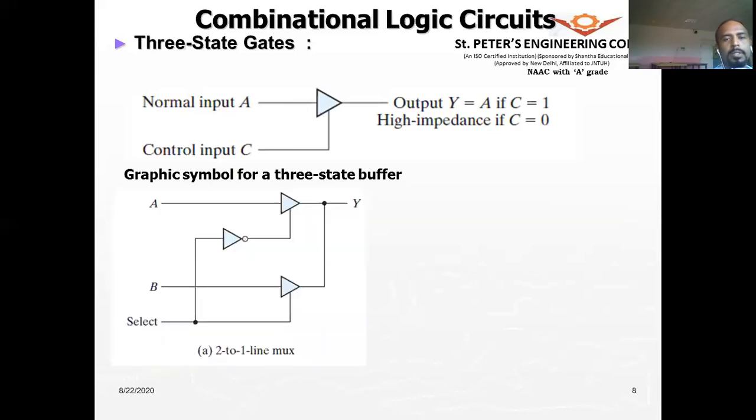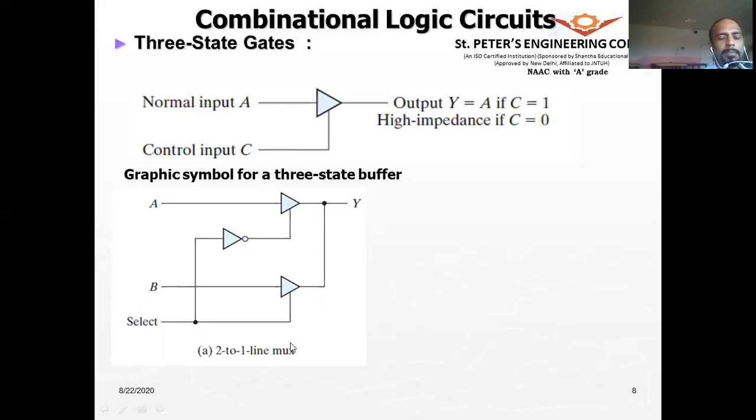Now, we can implement this three-state buffer by using the multiplexer. A 2:1 line multiplexer can be used to realize this three-state buffer. So consider this circuit, what we have shown here.